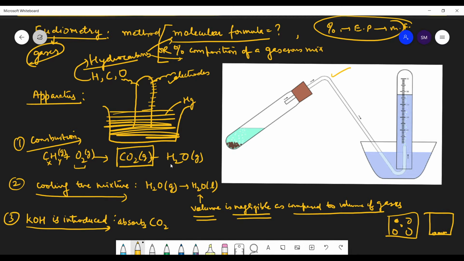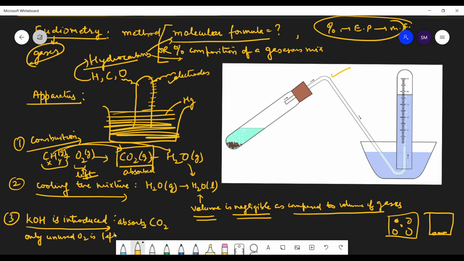So what will be left? Tell me. This is changed to liquid. This is absorbed. You did a combustion of this, so this is transformed into these two. So you are left with only oxygen. Which oxygen, used or unused? Unused oxygen is left.